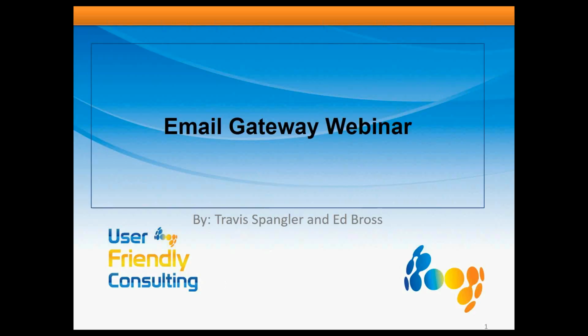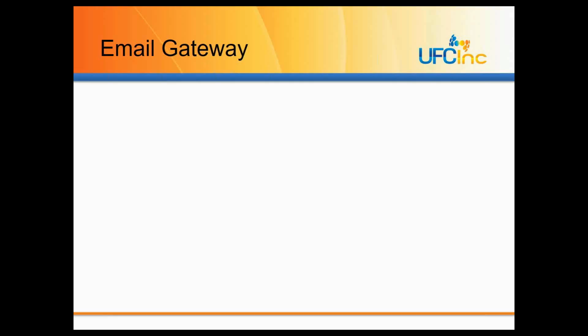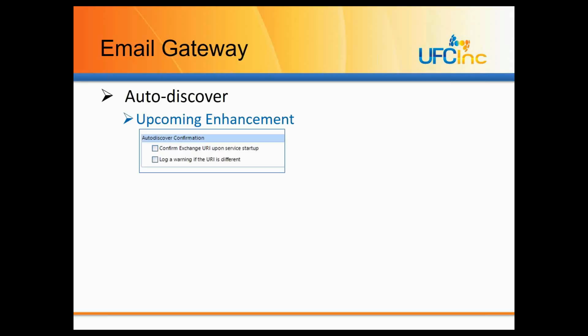There are a number of new items as part of the product that we're going to share with you. The first is Auto Discover, and actually Auto Discover is not necessarily super new to the product, but many people are not aware that it exists. There is an upcoming enhancement for those of you using the product, where we can provide a confirmation if there is an auto discover path change.